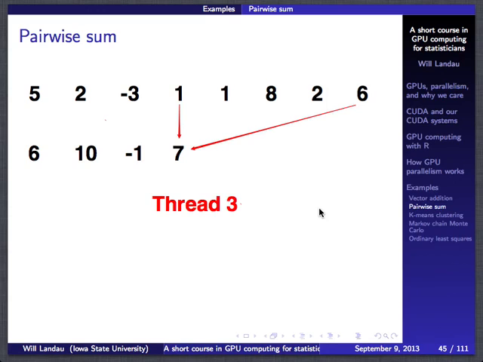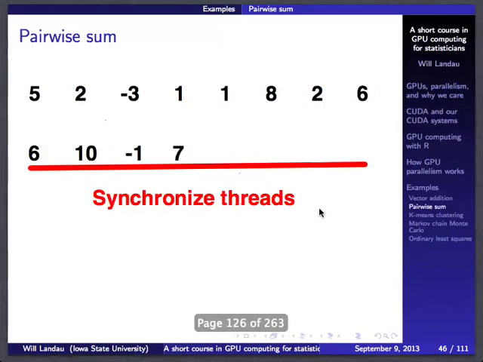Before we move on, though, we need to make sure all of these sums actually completed. We have to have these numbers to begin with to continue summing things, right? And so we want to synchronize our threads. We want to stop here, synchronize all threads. One reason for having blocks is because I can synchronize threads within blocks very easily. It's very hard to synchronize blocks.